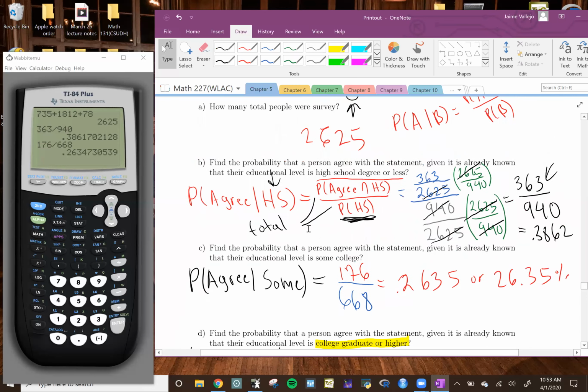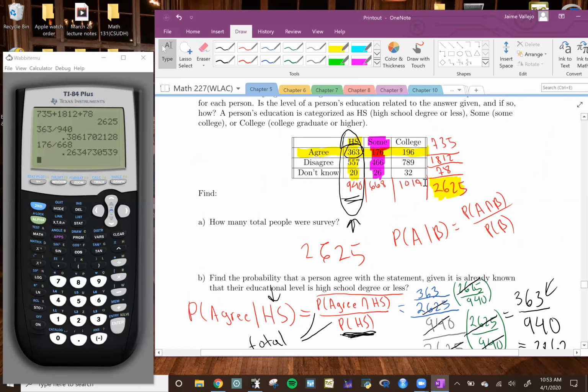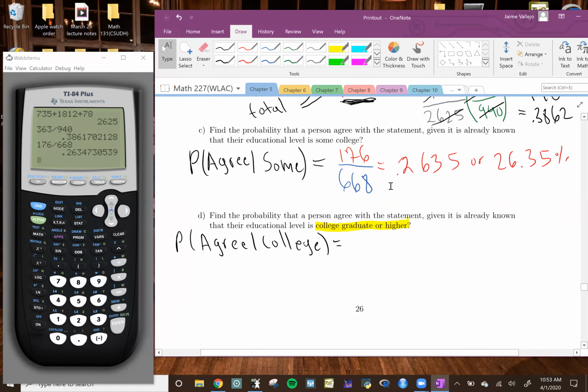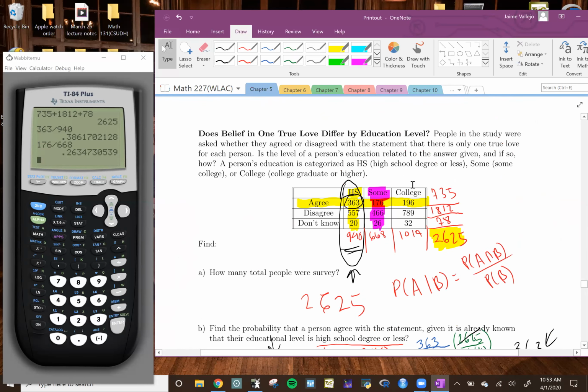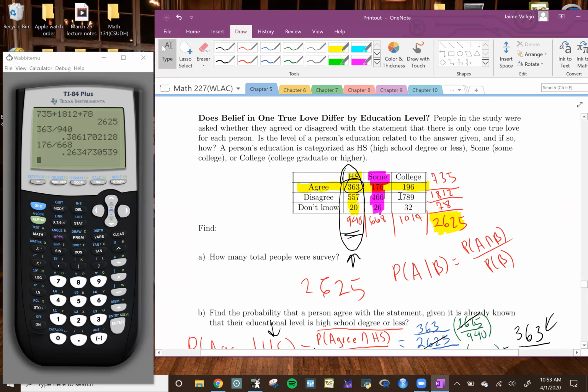So if you go back to the table, you're going to notice you have 1,017 college degree or higher. So you do 1,017 on the bottom. And then of the 1,017, you have to see how many agree, which is the 196.